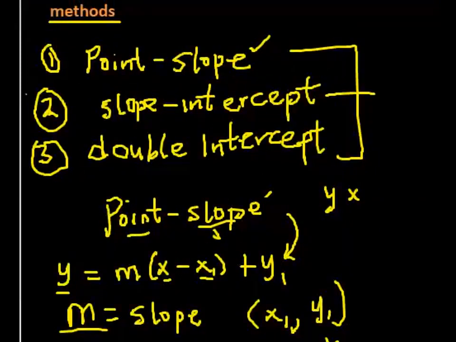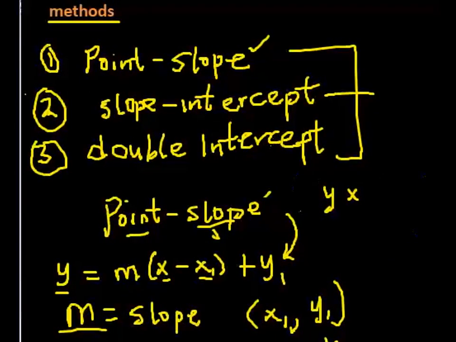So let's look at the slope intercept method. In fact, this other method is the standard method for the equation of a straight line. Anytime you are asked what is the standard method of the equation of a straight line, it is always the slope intercept method.